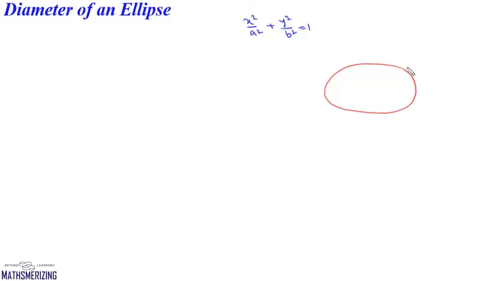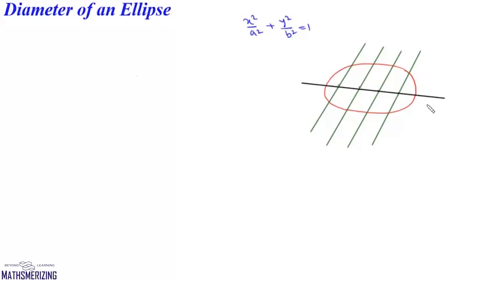So say for example, suppose we have a system of parallel chords, and if we join midpoints of all these chords, then this locus will be a straight line, which is called the diameter of this ellipse. So we have a system of parallel chords whose slope is m.